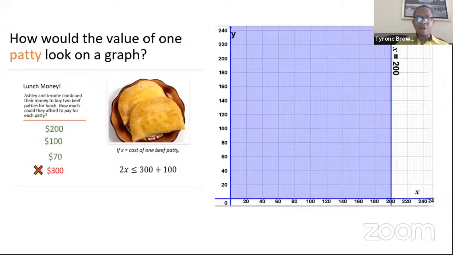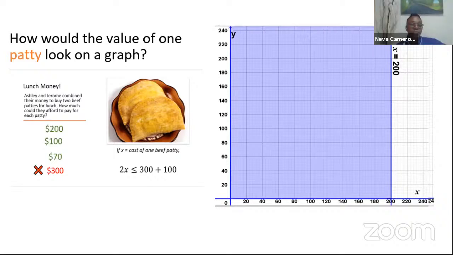So let's see how we would represent this on a graph. When we are speaking of cost and we are looking at this graph, Mrs. Edwards, why is it that we wouldn't have had our standard graph with our negatives on the graph?